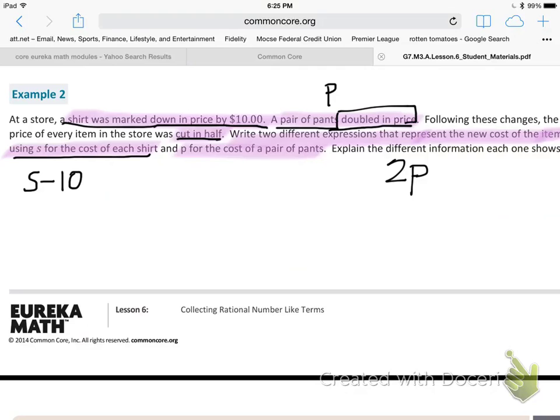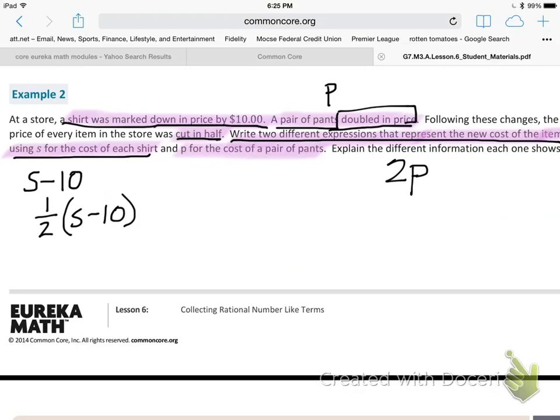Okay, so if we were going to write an expression that represents the new cost of the items, for example, we have the shirt, S minus 10, and if that was cut in half, then all we would have to do is put a 1/2 in front of it.